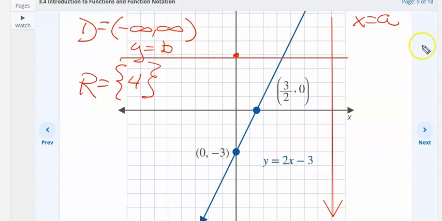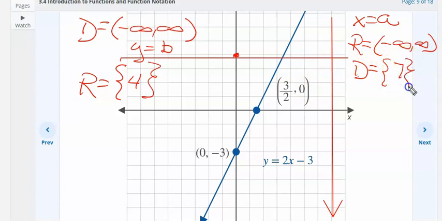Well, 1, 2, 3, 4, 5, 6, 7. It would be the range of negative infinity to positive infinity. But now the domain would only be that one value in braces, 7.